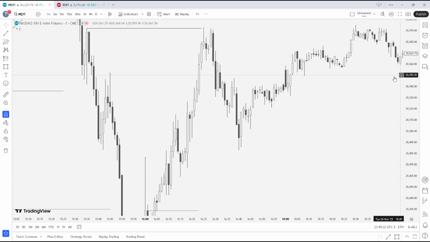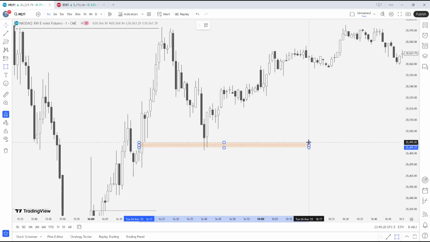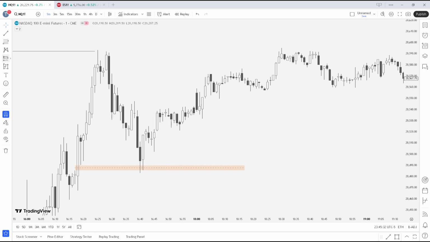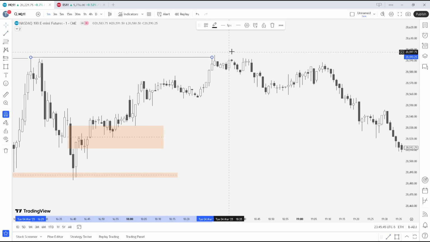So sweep liquidity, get a retrace towards BISI, move higher, inversion. So close above, inversion, top back in, respect, go higher towards buy side.